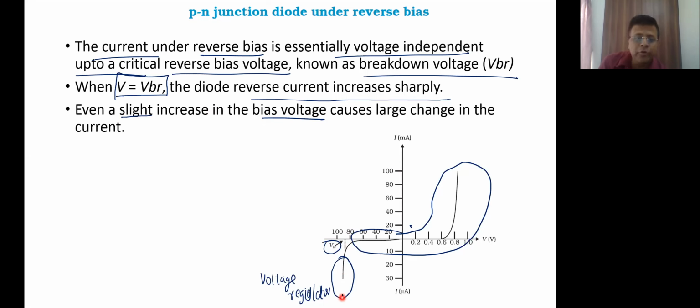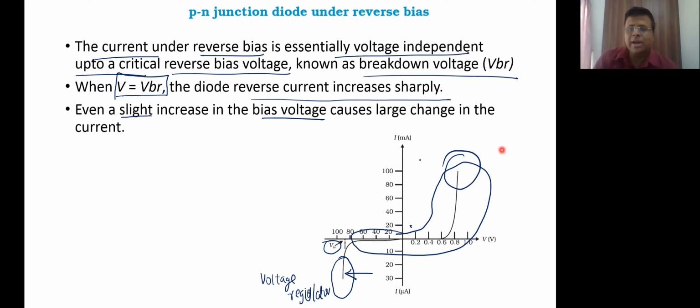And you need to be careful that your device does not get damaged, because when so much current flows, there could be a lot of heating and your diode could get damaged. So there has to be external protective circuitry, and also this diode should be capable of taking that much heat. So when you fabricate it, there are certain cares that we have to take, especially when the diode is going to function in this region, or even in this region same thing will happen.